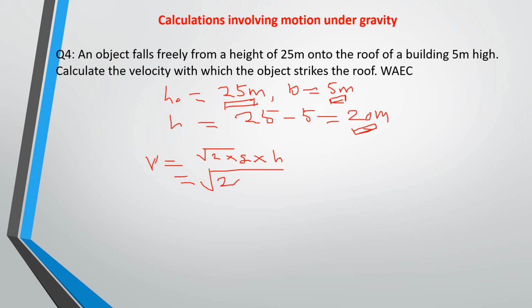You have 2 times 10 times 20. Okay, so that would be square root of 400. So if you find that square root, you are going to have 20 meters per second. So this is the velocity, right? The velocity of striking the roof.